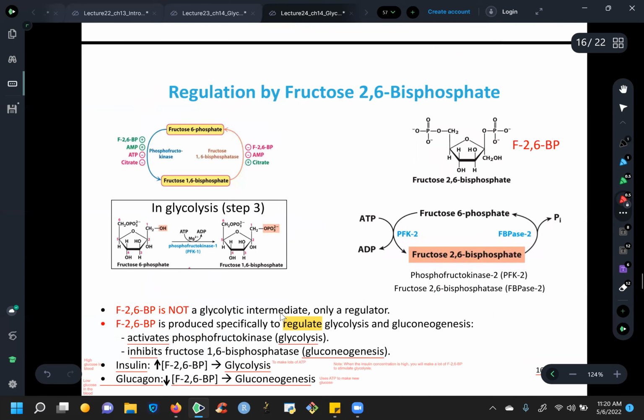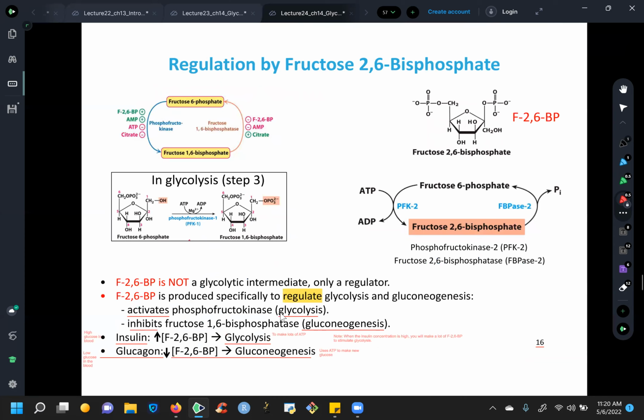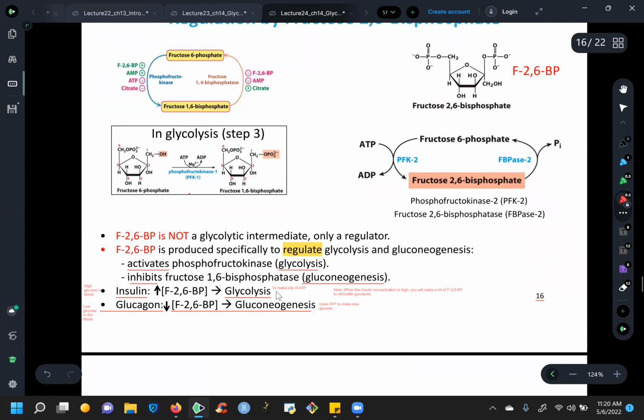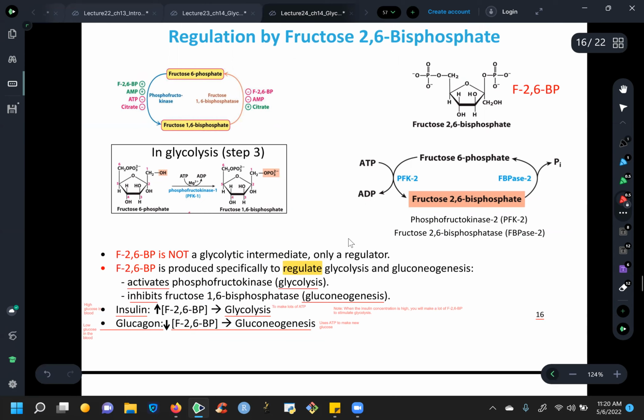Regulation by fructose 2,6-bisphosphate. Fructose 2,6-bisphosphate is not a glycolytic intermediate, only a regulator. I think they might ask you about this one. This molecule is not a part of our pathway.